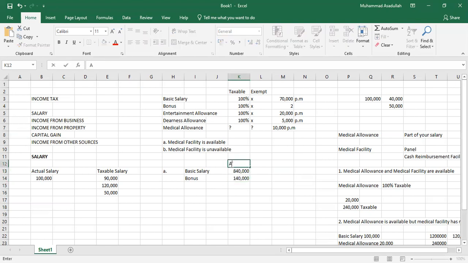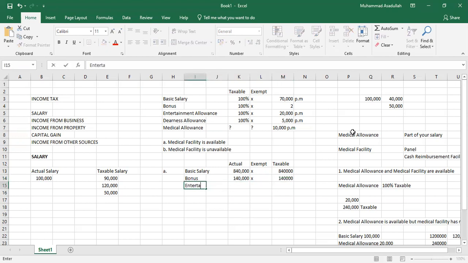We write here, for your clarity, actual, exempt, and taxable. Nothing is exempt here, so the taxable value is the same. I'm doing it because it will help to clear each and every concept when we sum up the actual and taxable salary.